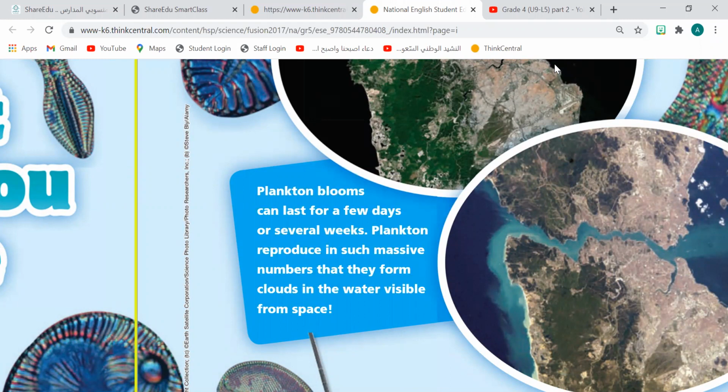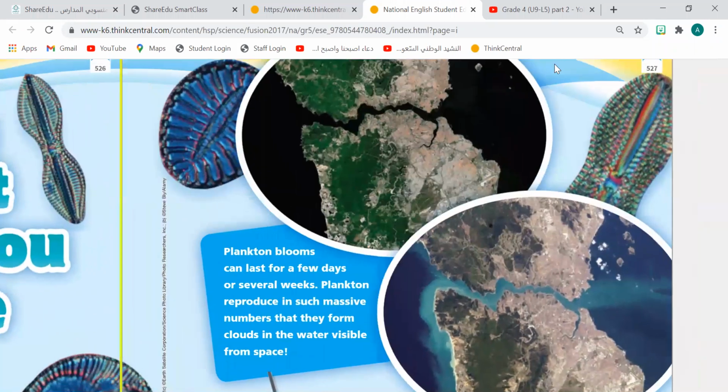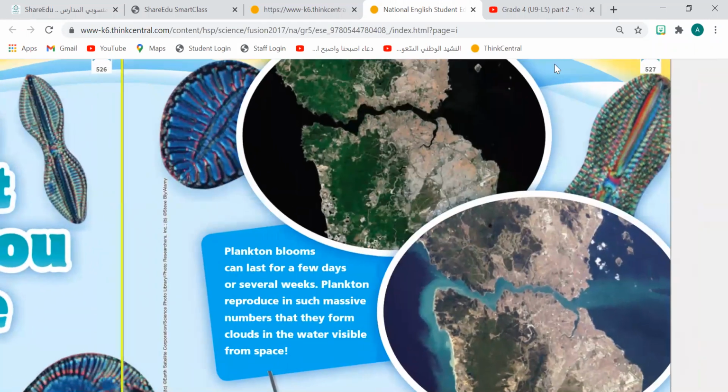They are produced in such massive numbers that they form clouds in the water visible from space. So this picture was already taken from space, and they can see the plankton because they were forming clouds.